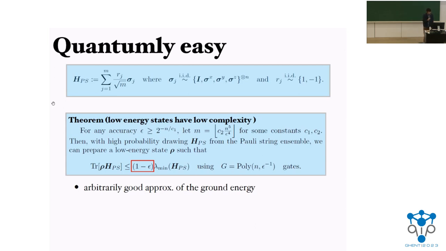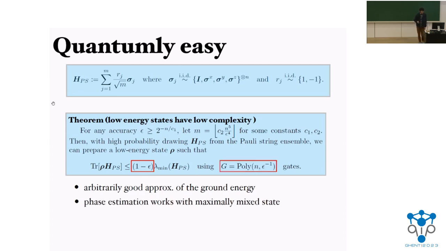Technically, we should be careful about the order of quantifiers, whether you choose m and epsilon first. We believe this is a technical artifact, but right now this is what you have. Further, the algorithm that finds these low energy states is actually the most simple one. It's just phase estimation with the maximally mixed state.